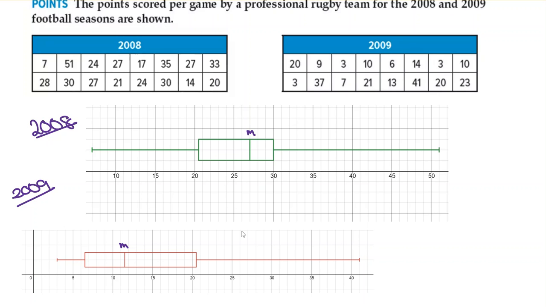And if we look at the distribution of our box plots, in 2008 we can see that our median is at 27, and so from 7 to 27, we can say that this is negatively skewed.